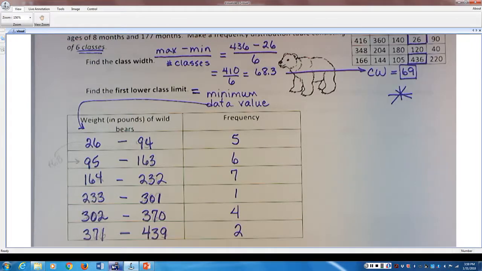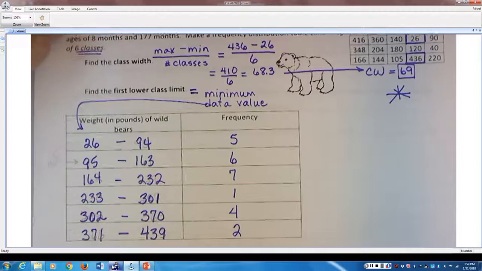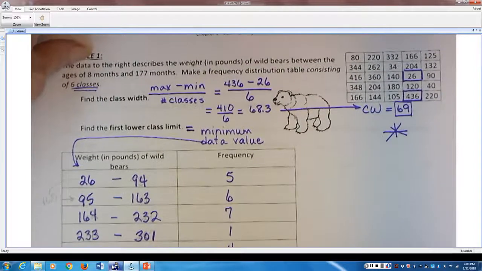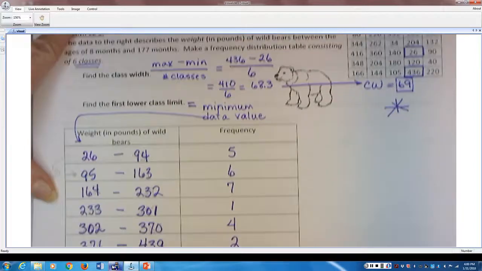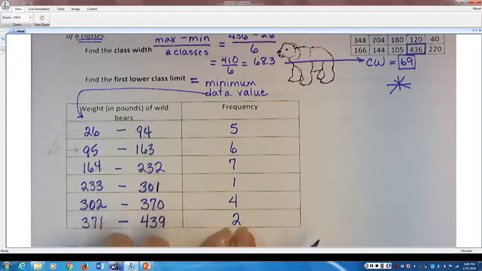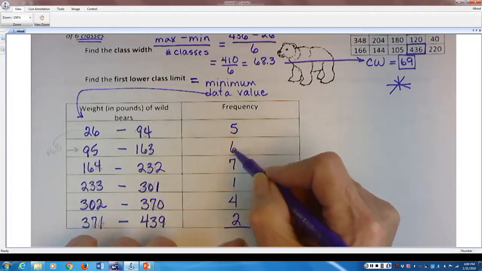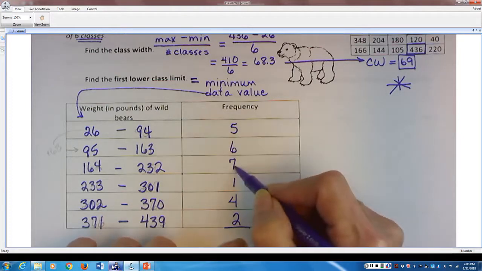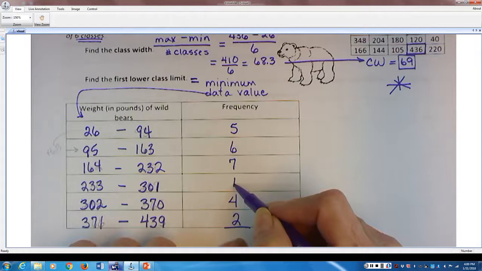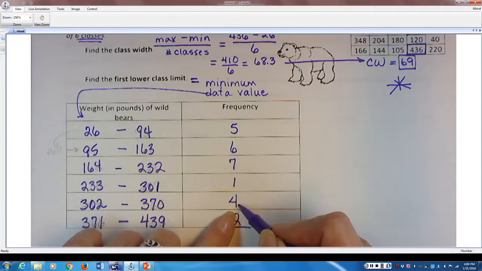How many bears did we have in our original sample? Does anybody remember? 25. Then what should these numbers add up to? 25. Now you can use the calculator, or you can do it by hand. 5 plus 6 is 11, 11 plus 7 is 18, 19, 23, 24, 25.